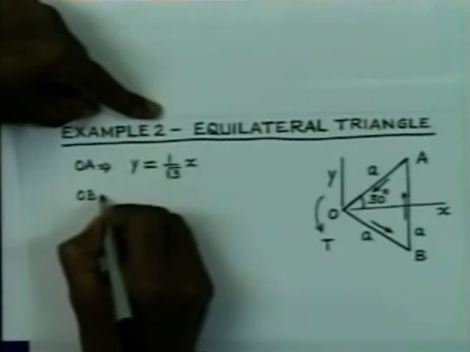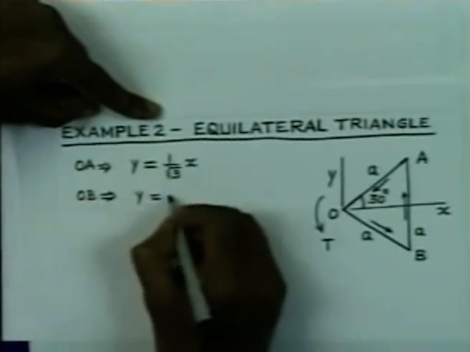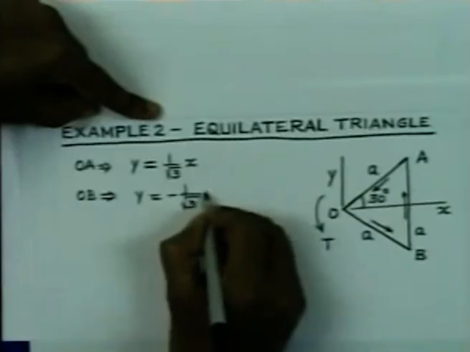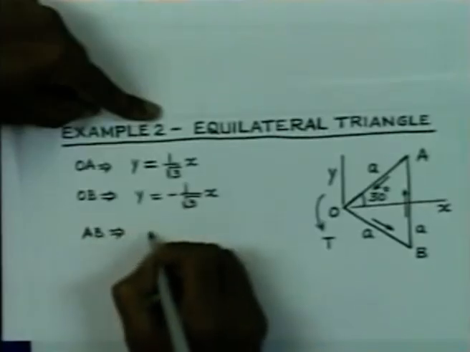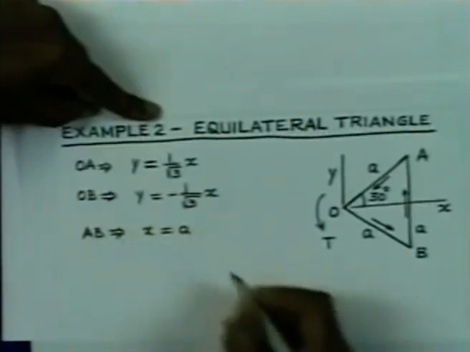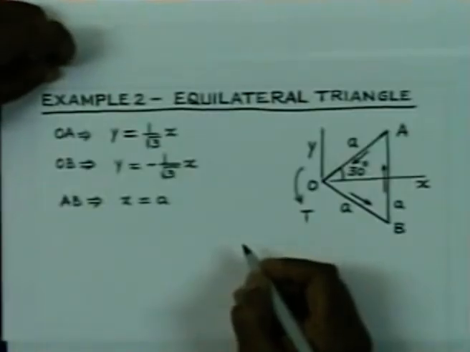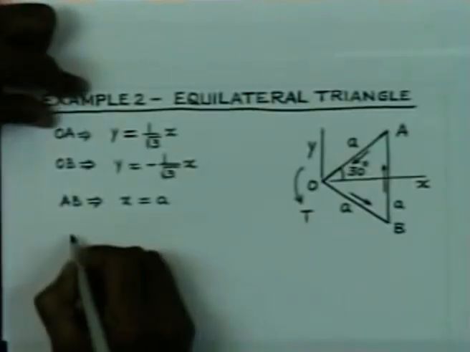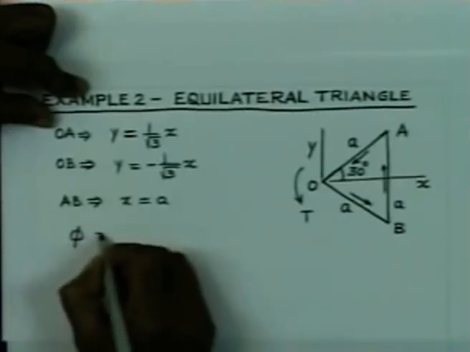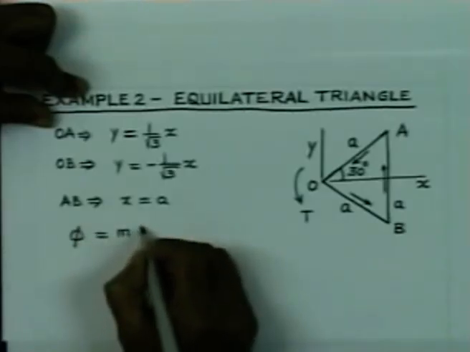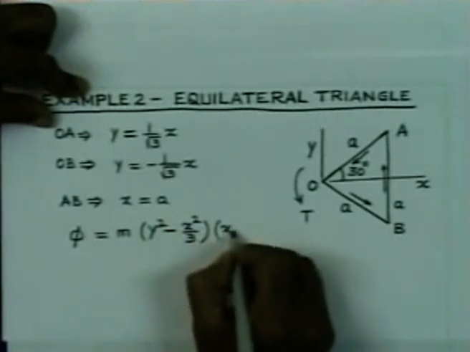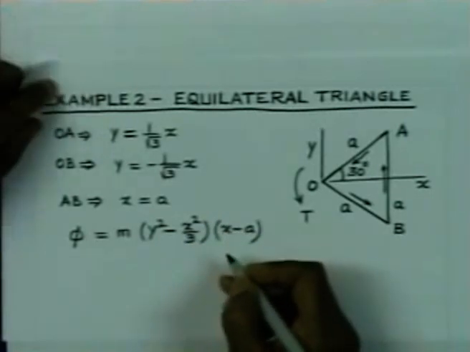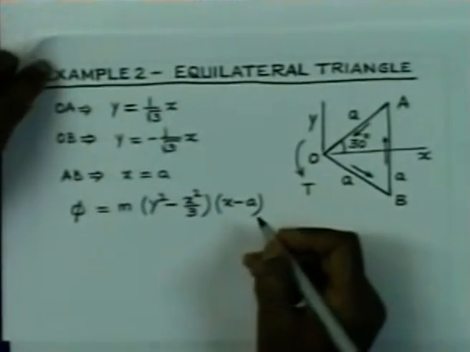Equation of OB is y equal to minus 1 by root 3 x, and AB is x equal to A. Making use of the equations of the boundary, we can write a phi function like this: y square minus x square by 3 into x minus A. This is the equation.